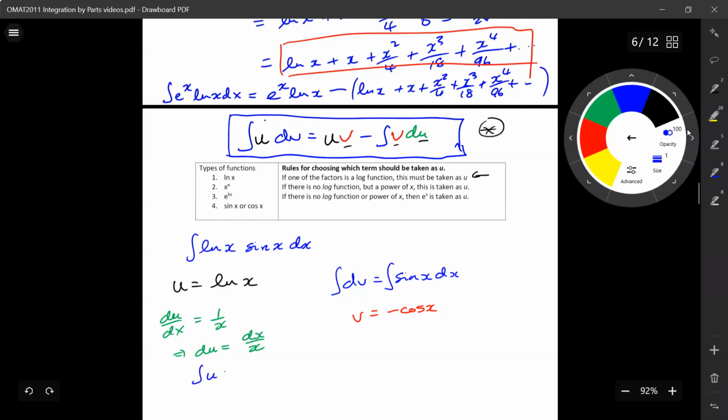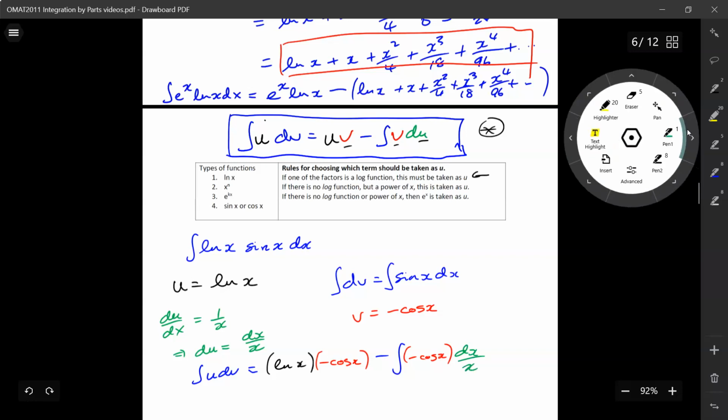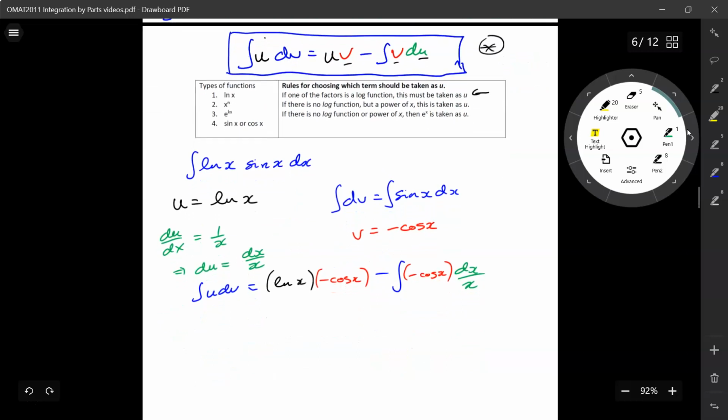So our formula is u dv. So u is the log of x times v is minus cosine x. And then that's minus the integral of minus cosine x times dx over x. So that's for du basically.